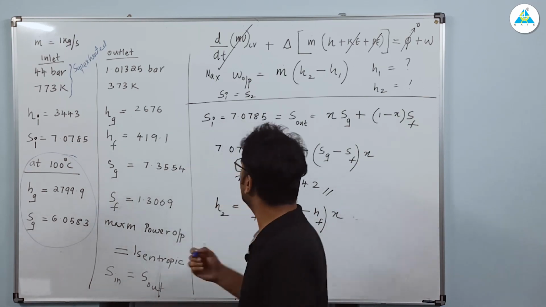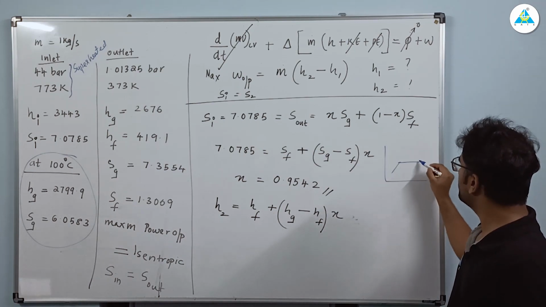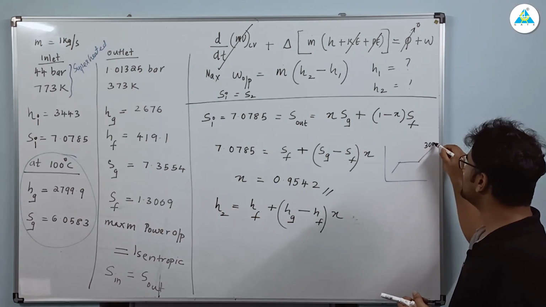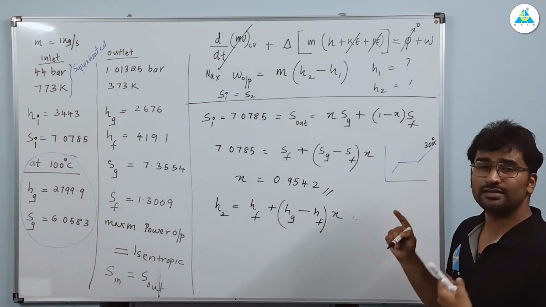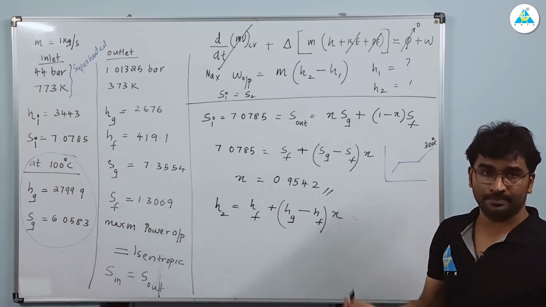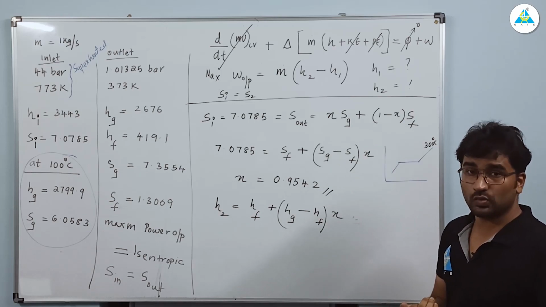I hope you remember we have drawn this particular diagram like this. Water at 300 degrees Celsius and 1 atm is superheated steam, right? If you want to condense it, what will you do?